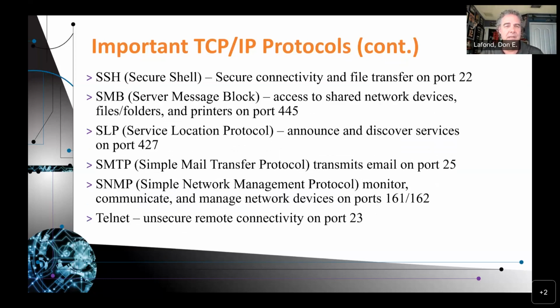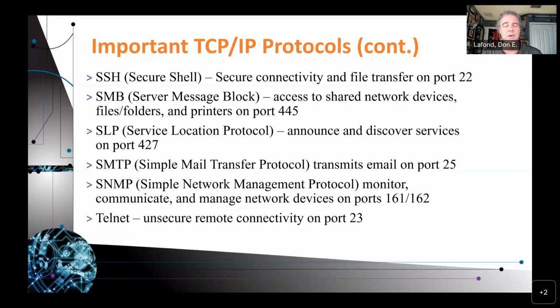SNMP, Simple Network Management Protocol, it deals with those syslog errors that you'll get on a network, and it is what allows you to manage network devices remotely. That's 161 and 162. And Telnet is unsecured, port 23. So SSH is on 22 and Telnet's on 23.